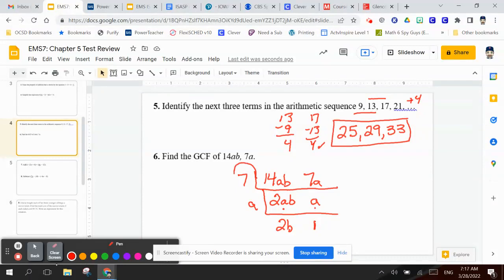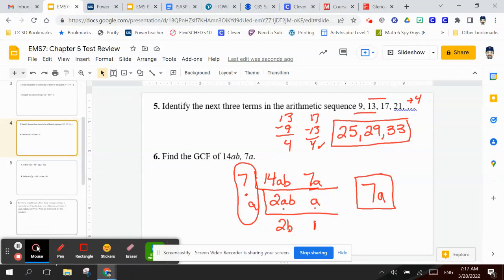So I simply multiply these two together. 7 times a is 7a. And that's a common factor of both. 7a, and 7a times 2b equals 14ab.